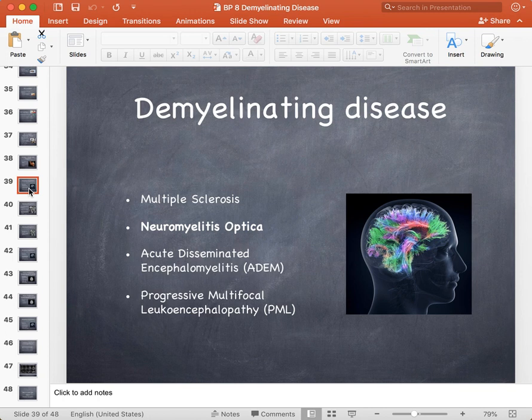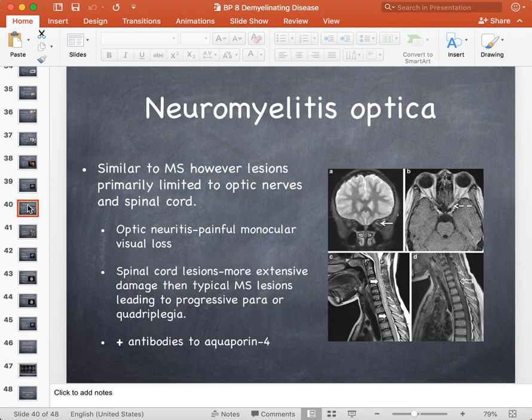You have a combination of inflammation of the optic nerves, so they get a lot of optic neuritis, painful monocular vision loss. And then they get these spinal cord lesions. You can get spinal cord lesions in MS, but in neuromyelitis optica, you get more confluent, more extensive spinal cord attacks, which can lead to progressive paraparesis, quadriparesis, paraplegia, quadriplegia.